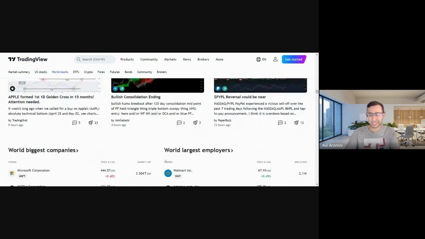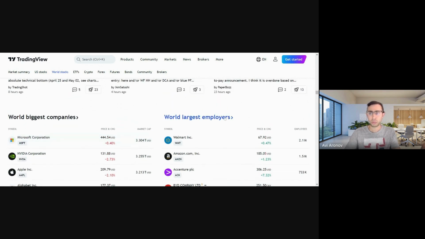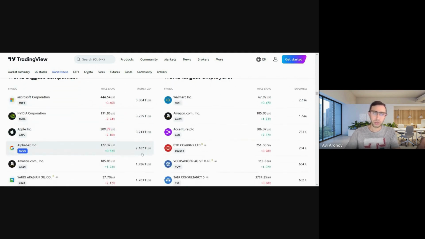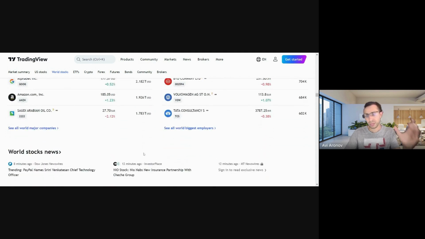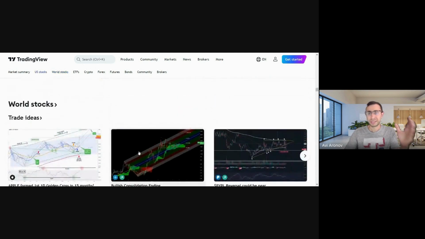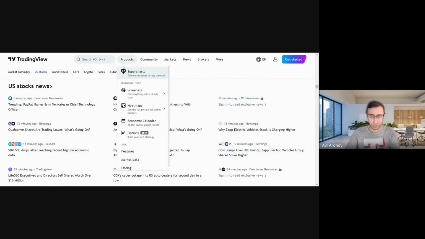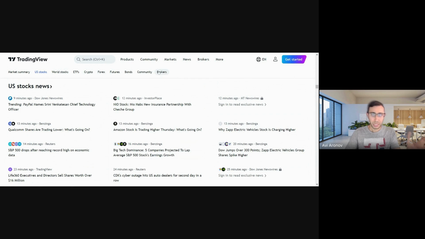You can also see they cover markets all around the world, with all the companies on there. It goes from stocks to options to futures to currencies to forex to everything you need. You can even see bonds, commodities, and all of that.